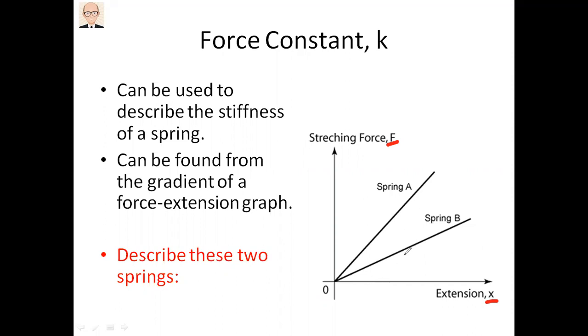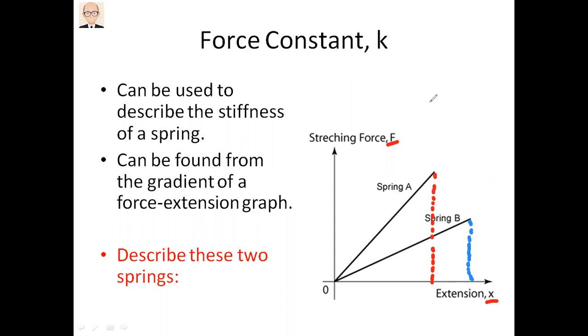For example, we can describe these two springs. If we look at spring A, the gradient of spring A, like this, and the gradient of spring B, like this. We can clearly see that spring A has greater gradient.